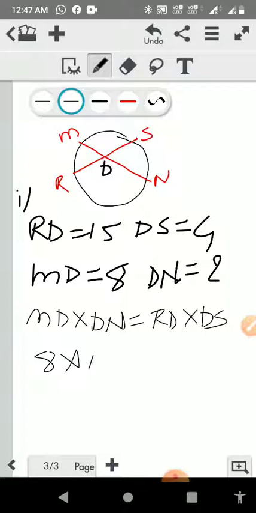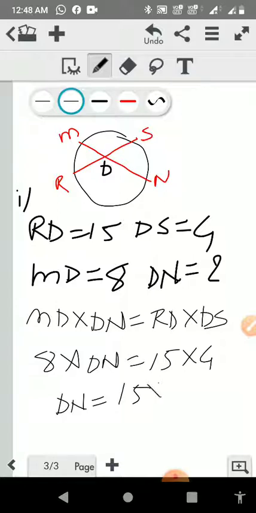So if we see, MD is given as 8 units, just put the value. DN is unknown, which I have to calculate. RD is 15 units and DS is 4 units. So I can calculate the value of DN equal to 15 into 4 divided by 8.